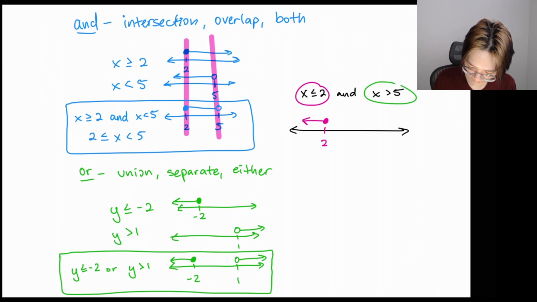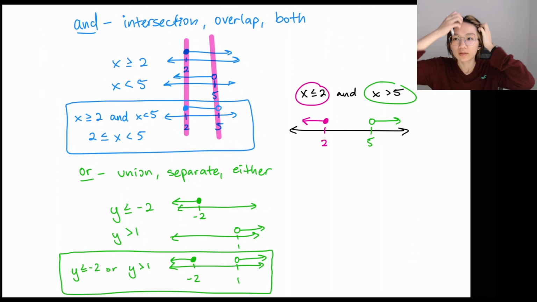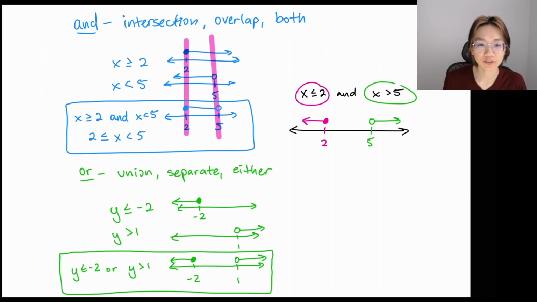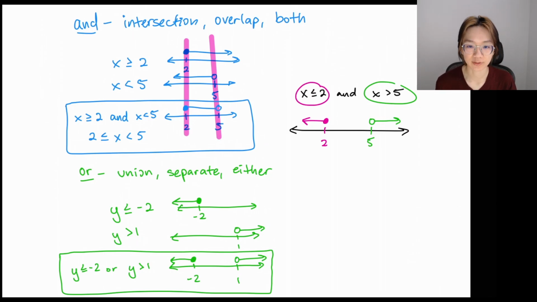We're graphing this one here, it would have 5, open circle, this way. And because it's an and, it is where they both overlap. And do these graphs overlap? No, they never overlap. There's never a number that is both less than or equal to 2 and at the same time greater than 5. That's impossible. So in this case, there would be no solution.